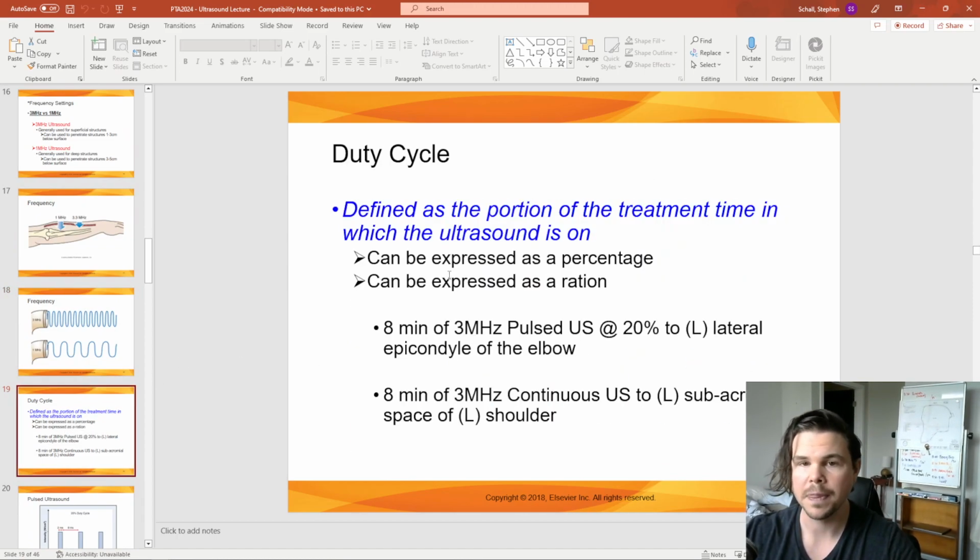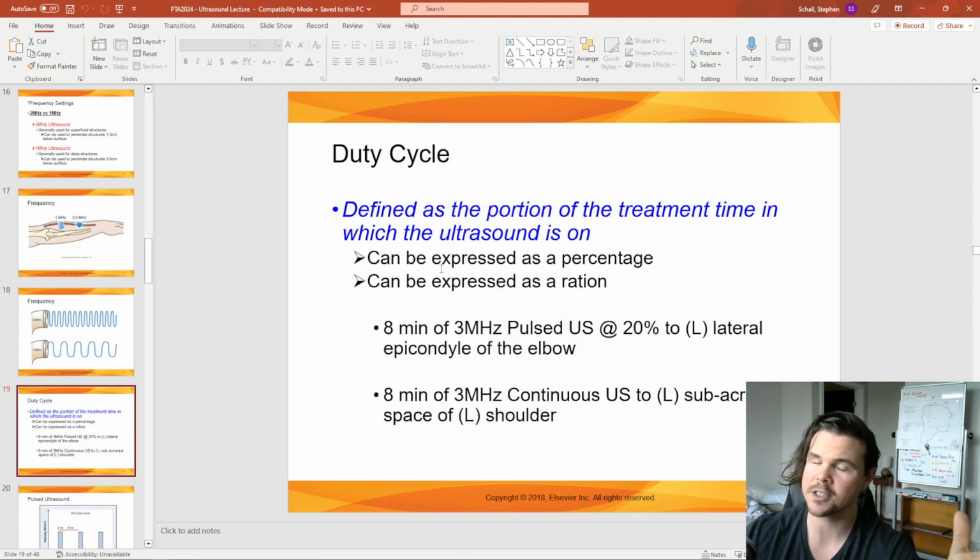So review that. The other part of this is a lot of the questions are going to have to do with ultrasound duty cycle. So the big thing we talk about with duty cycle is it's essentially an expression of on and off time. So when we see a duty cycle of 20%, it's a ratio of the transducer head being on versus it being off. And how do we manipulate the duty cycle in order to achieve different treatment goals, right?